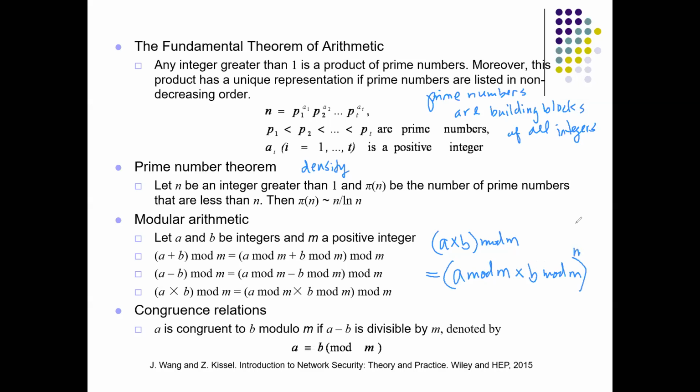So let me rewrite this. A mod M times B mod M. So this may still be greater than M, so you mod M again. Okay, so you can change this multiplication to plus and minus, that still holds.